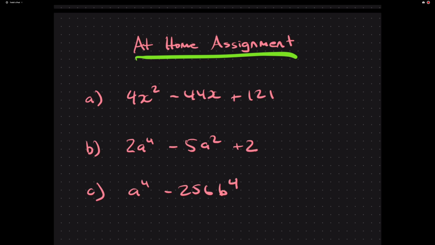And the C is a to the power of 4 minus 256 b to the power of 4. And what you need to do with all three of these is factor them out. And don't forget to verify that you're correct by expanding them out and comparing them to the original questions.